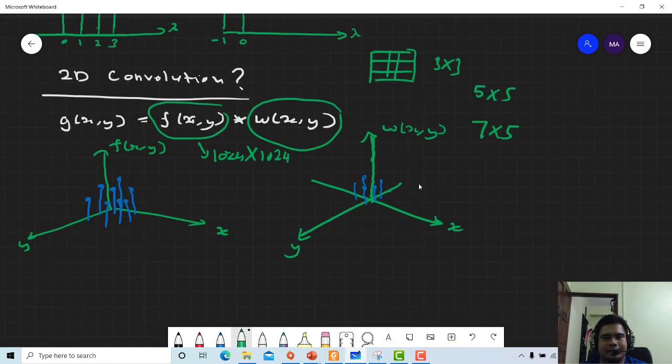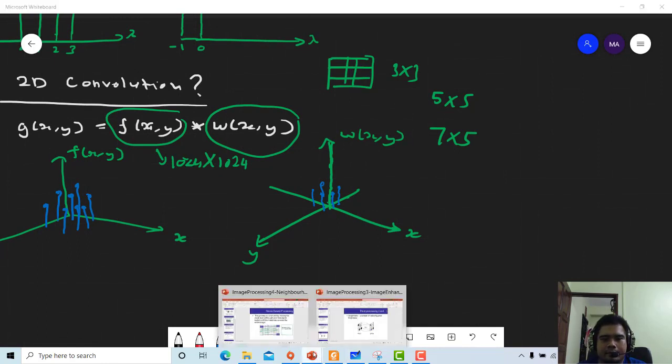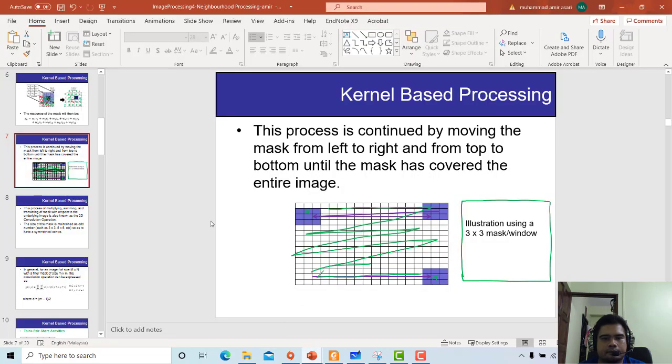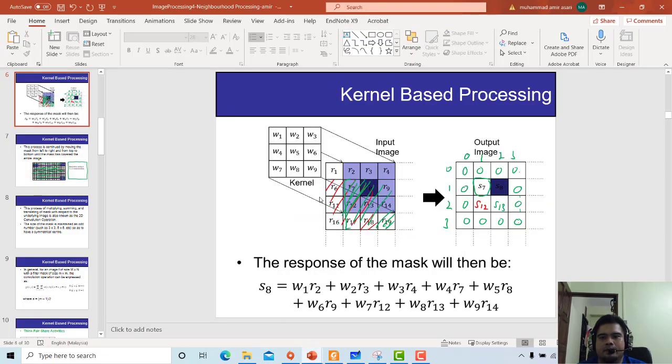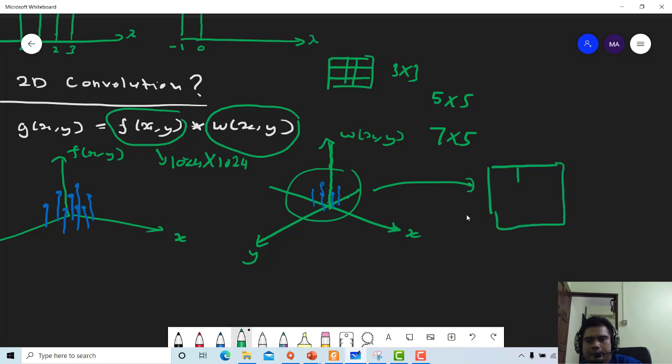Okay, the question is, let's say your w(x,y) matrix is like the one in the slide, a 3 times 3. If I draw this over here in matrix, then actually it is a 3 times 3.